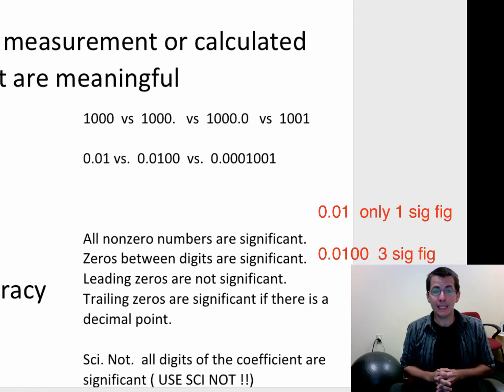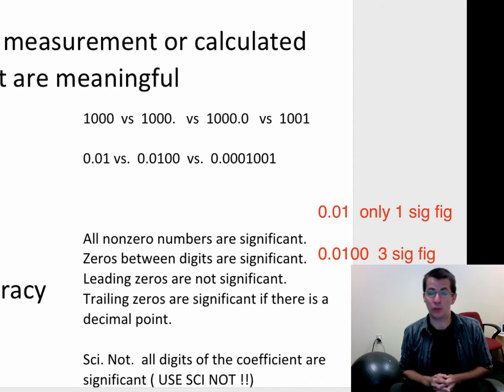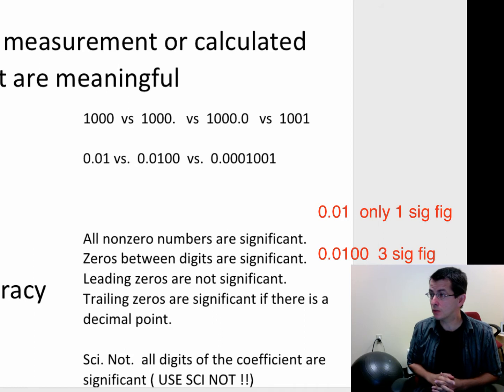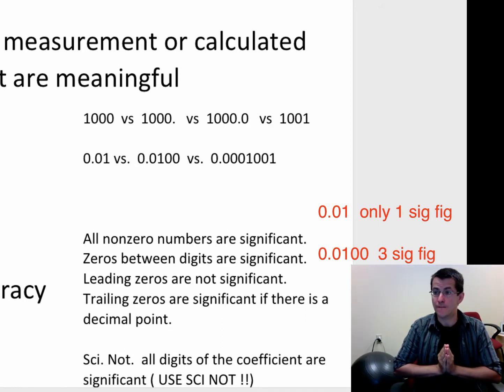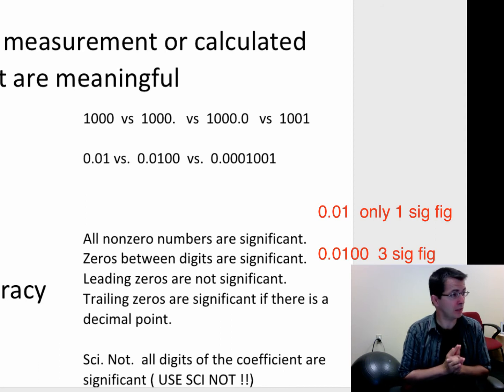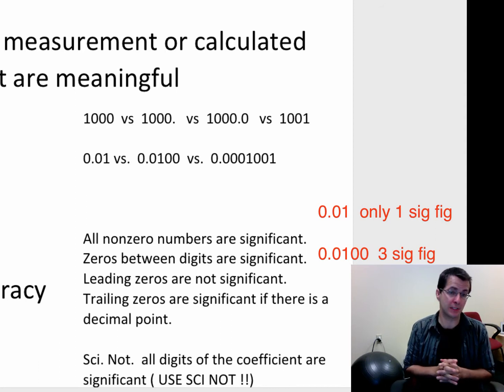But leading zeros are not significant. The two zeros in 0.01 are placeholders. All they do is represent the relative scale that we're dealing with. They aren't meant to carry significance.